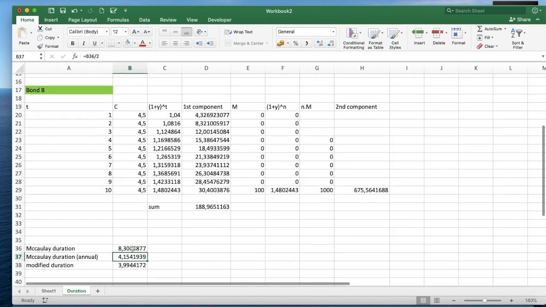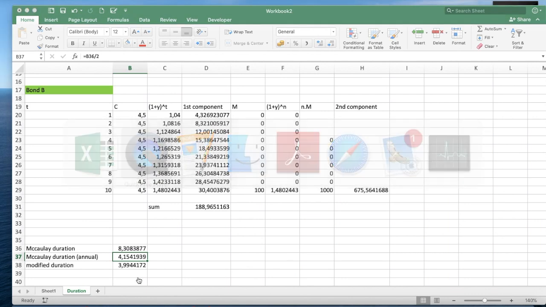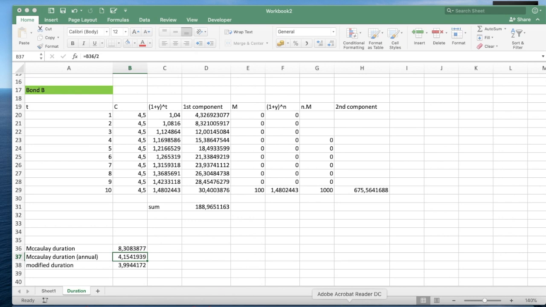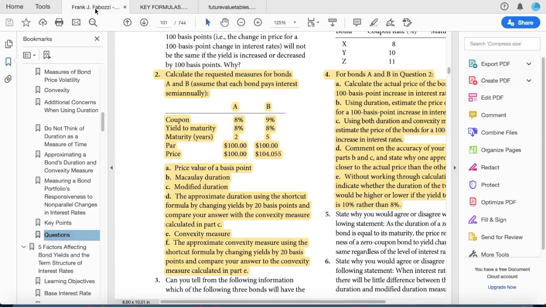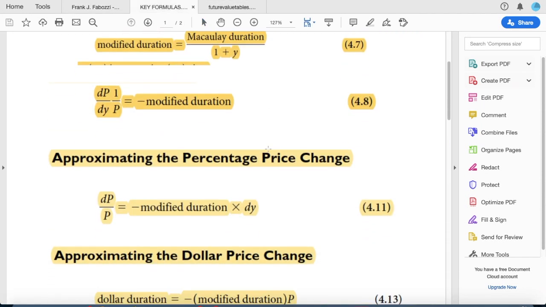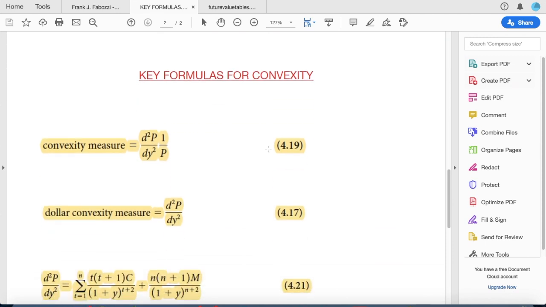Now let's move to the final question, which is about convexity. We will skip the questions D, C, and F. So let's go to E, which is the convexity measure. Remember that for convexity, these are the key formulas.